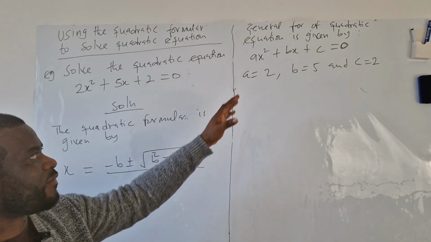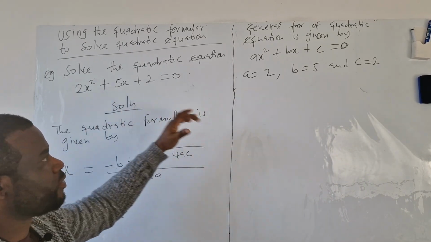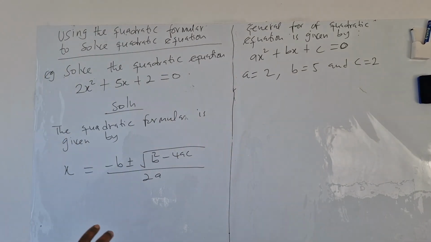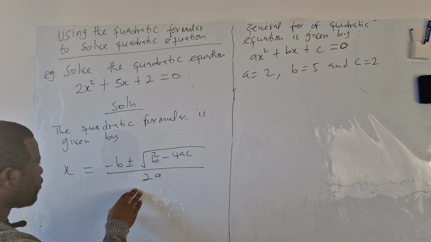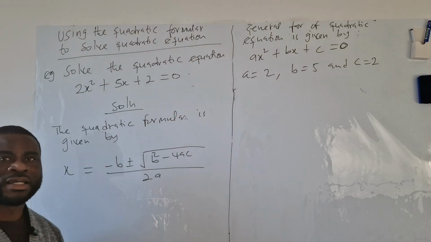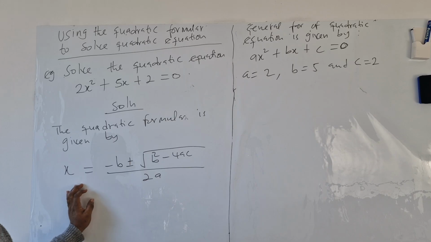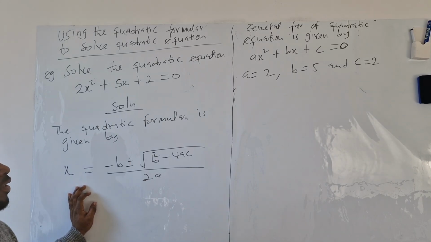So comparing the general form to the equation given to us, we're able to come out with the values of a, b, and c. We then substitute these values into the quadratic formula and solve for the values of x. Because it's a quadratic equation, we should get 2 values for x.